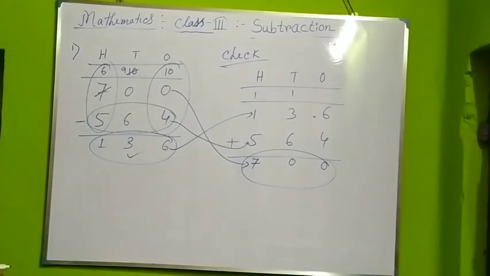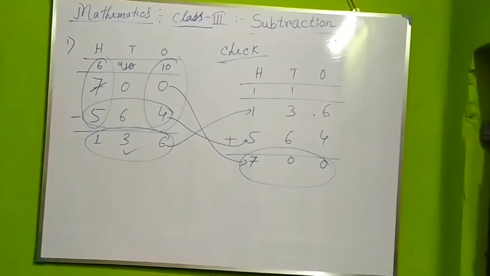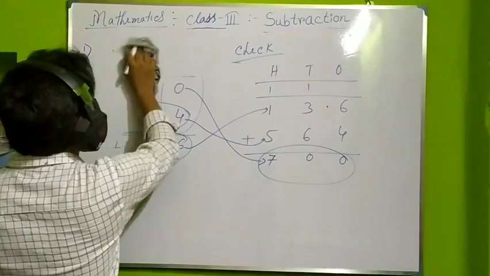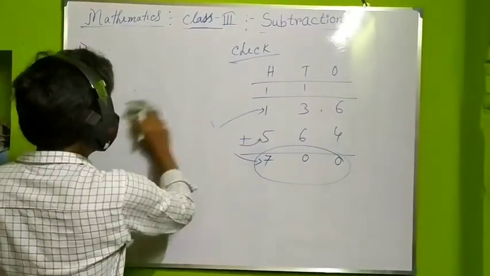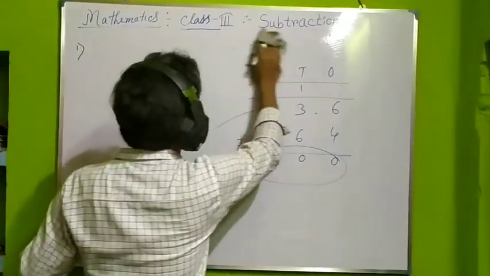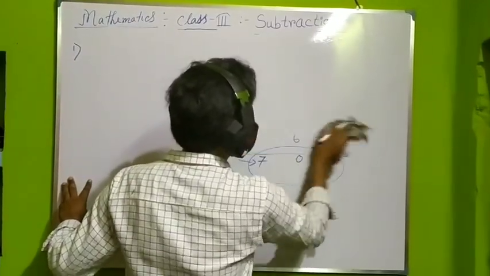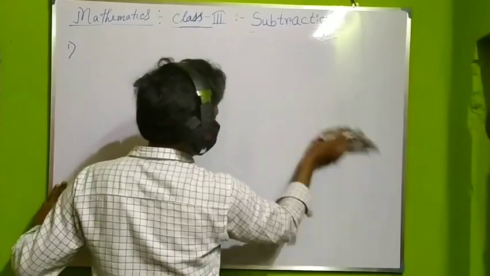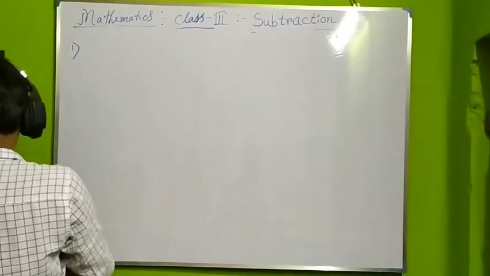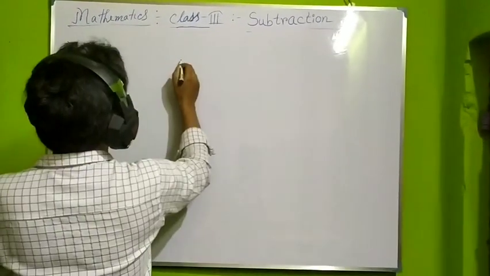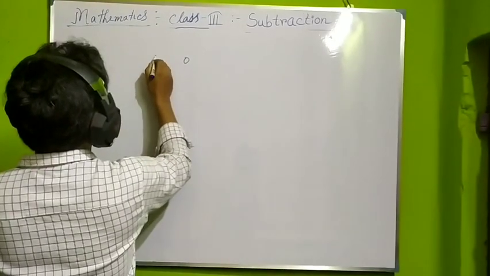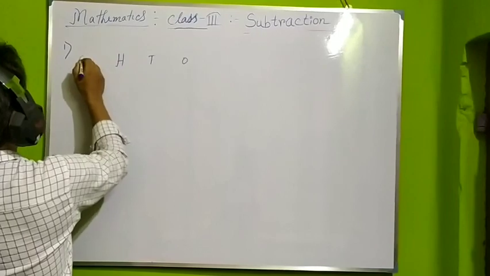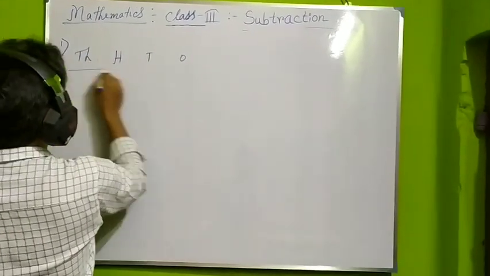Now in the next case, let's take a 4-digit number. Ones, tens, 100, then 1000.